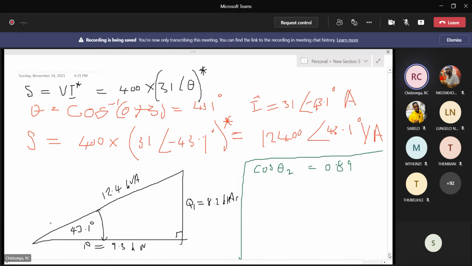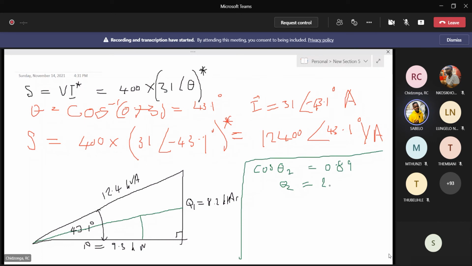We are going to find this new power factor angle, and it is 27.1. So we need to change this angle from 43 to 27.1, as I have indicated here.